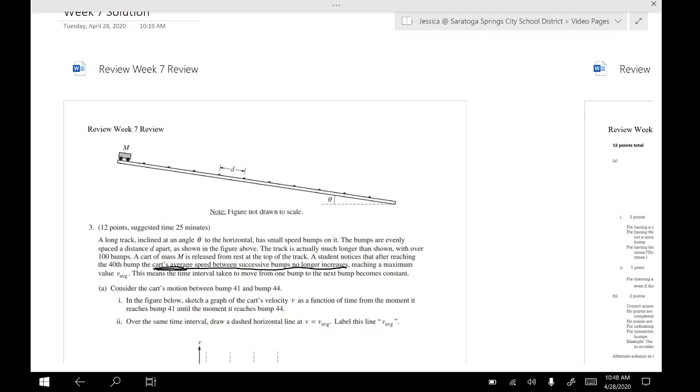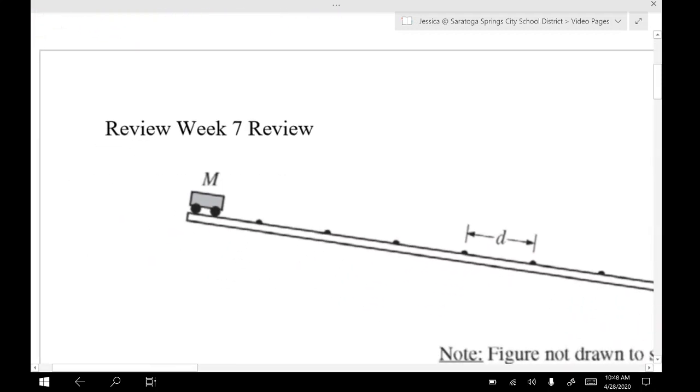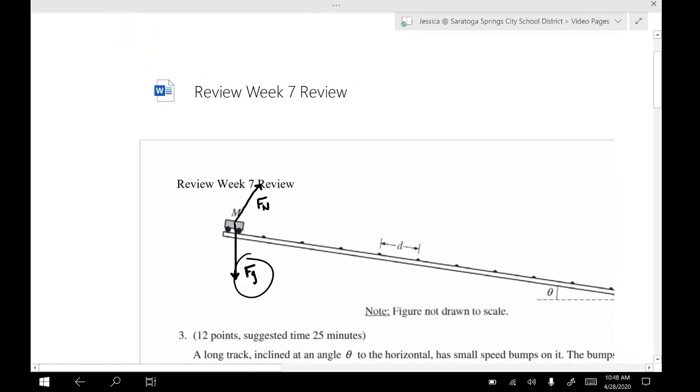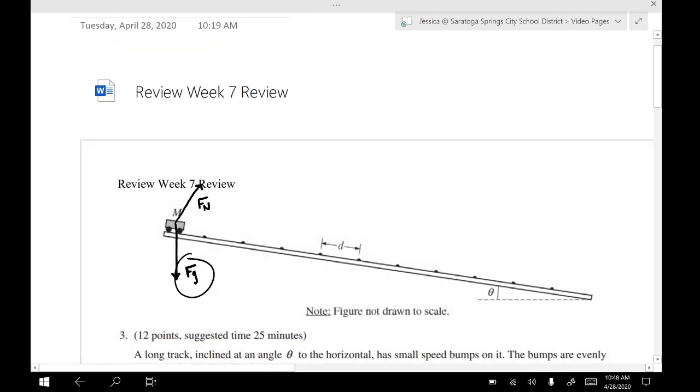Okay, well, I know that as this cart m is traveling down, we have a force Fg and a normal force Fn. And remember, a component of this Fg points down the incline. So even though the average velocity is the same, the cart is still going to speed up in between the bumps.